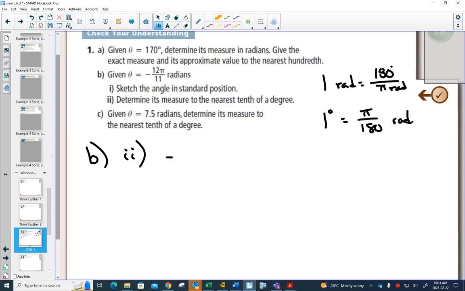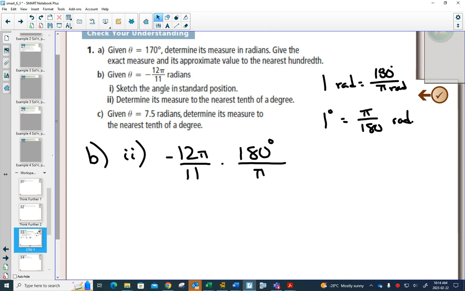We have negative 12 pi over 11. And if we want to change this from radians to degrees, we would multiply by 180 over pi, because we imagine that there's a unit here that says radians, and that pi has a unit of radians, and that these would cancel out, leaving you with just the unit of degrees.